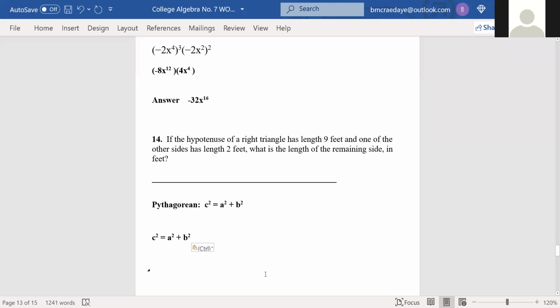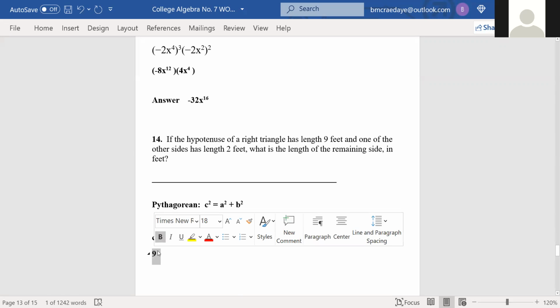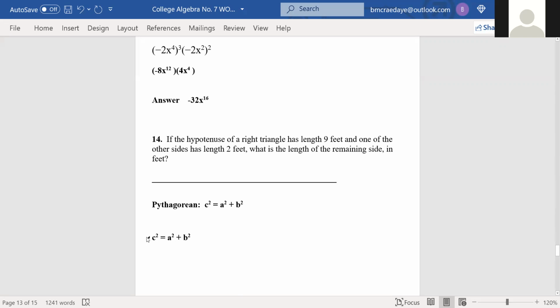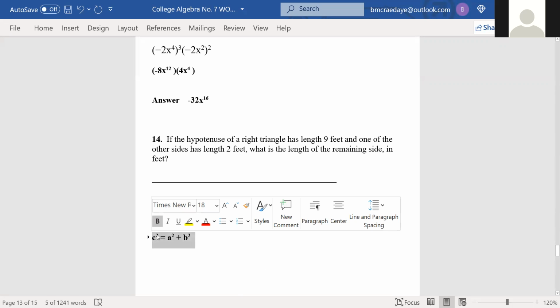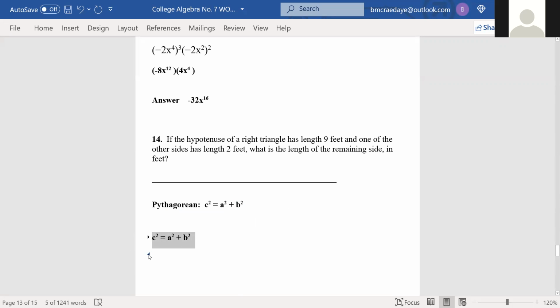So this would be 9. Let's copy this and put in the values. Instead of c, we put a 9, because that's the hypotenuse. And one side is a 2, so let's call a a 2, and we're looking for b.